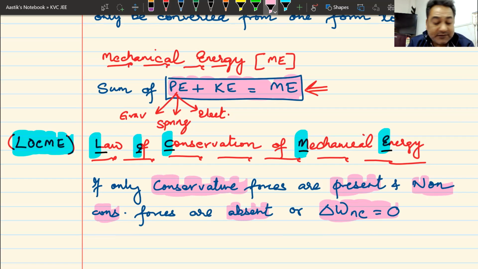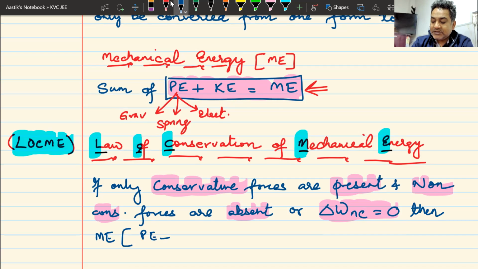So what does the law of conservation of mechanical energy say? If only conservative forces are present and non-conservative forces are absent, or their work done is 0, then the mechanical energy of the body, which is the sum of potential energy plus kinetic energy, remains constant.